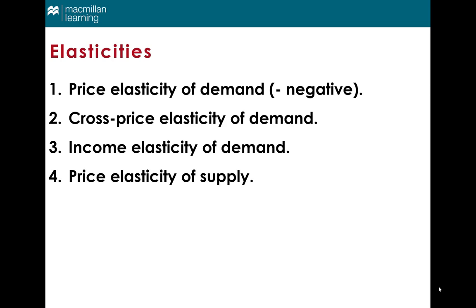In the last class, we also learned cross price elasticity of demand. We're going to briefly review this concept today. We'll also define the income elasticity of demand, and then we're going to learn what it is. Finally, the price elasticity of supply.